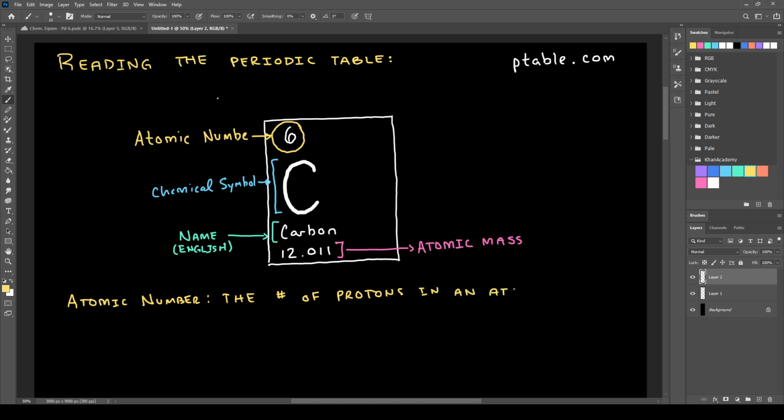So this says that there are 6 protons in each carbon atom. Additionally, some points to note about the atomic number: they are unique for each element. So in the case of carbon, carbon has atomic number 6. There is no other element on the periodic table that has an atomic number of 6. The only element on the periodic table with atomic number 6 is carbon.